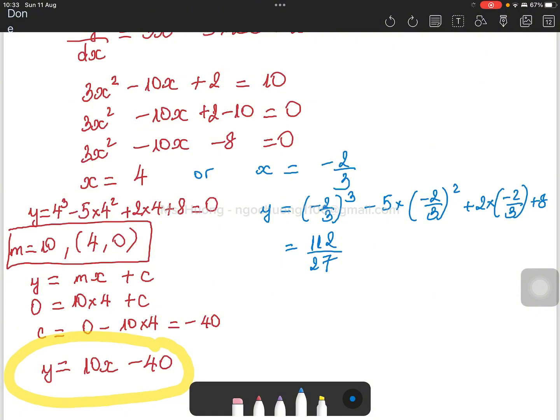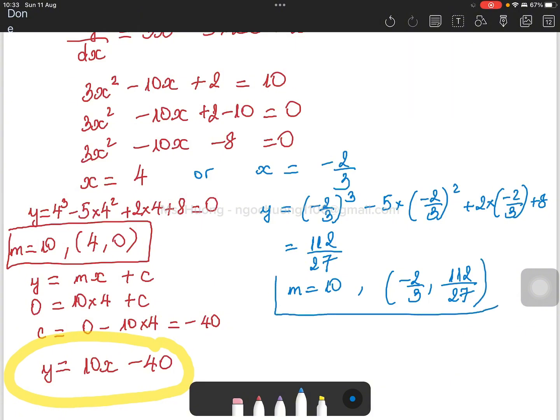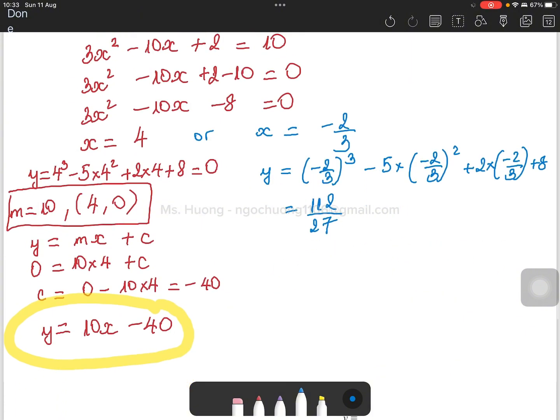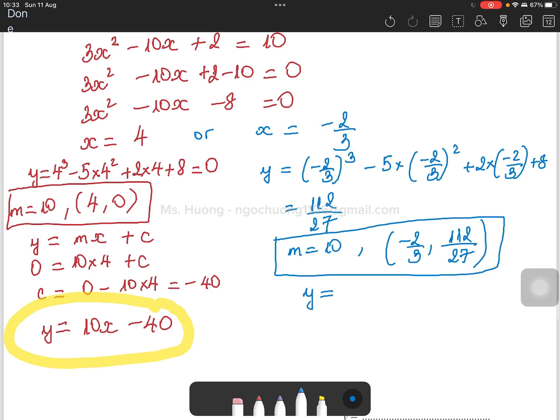So now you know that the tangent has a gradient of 10, and it passes through the point negative 2/3, 112 over 27. So we also substitute this into the general form, y equals mx plus c. In this case, y is 112 over 27, m is 10, x is negative 2/3, plus c.